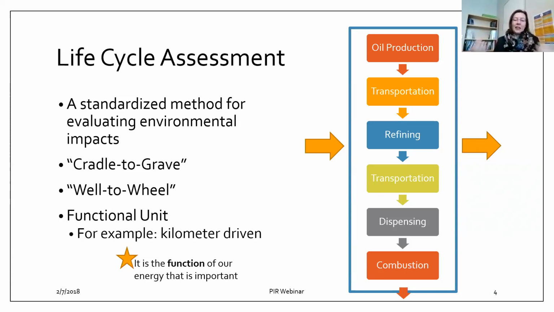How that happens on an everyday basis doesn't really matter as long as it happens, right? So one of the things that's important when we talk about energy systems is we have to keep our mind open to new ways of providing energy services. So it's the energy services that we actually want, or those functions that we want, and then we can explore all different ways to provide those services and functions.